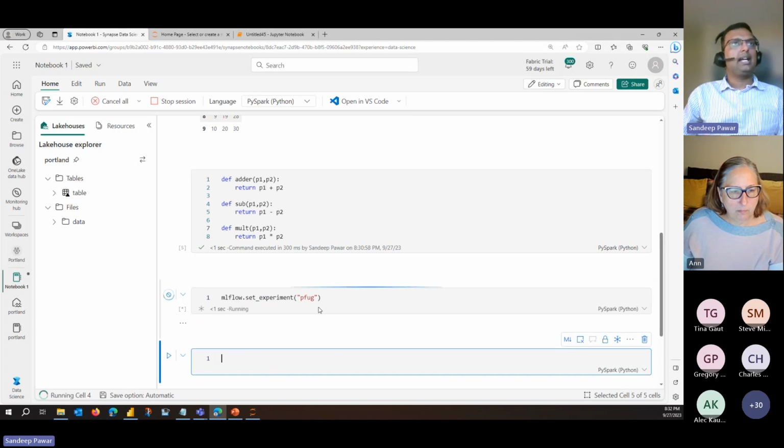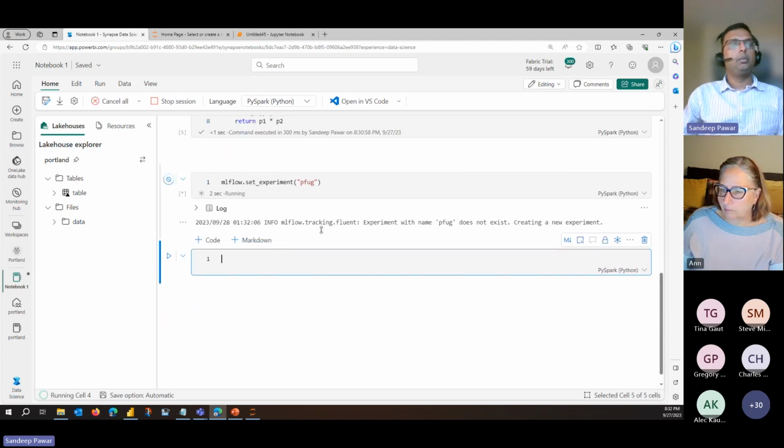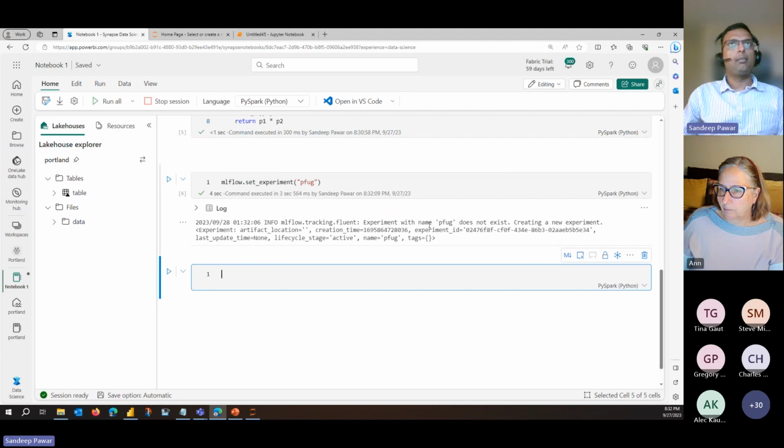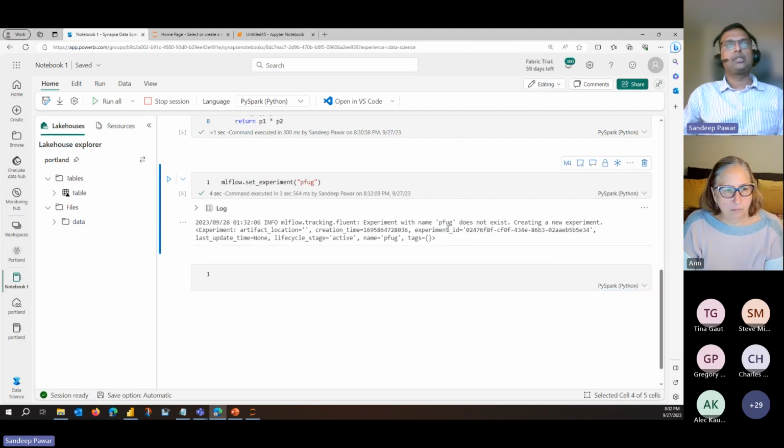And we will create that experiment. Fabric goes there and says, okay, I did not find this experiment name, so it went ahead and created it.